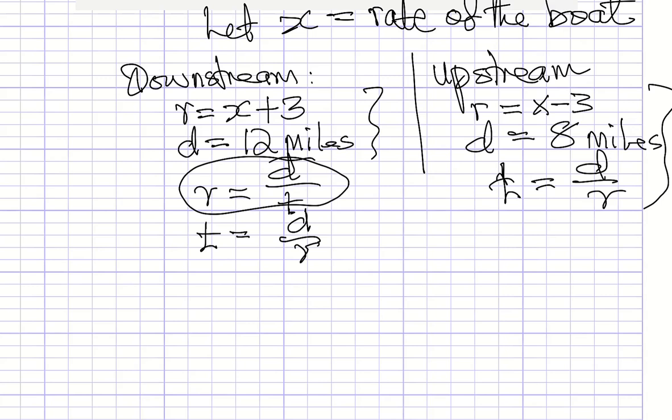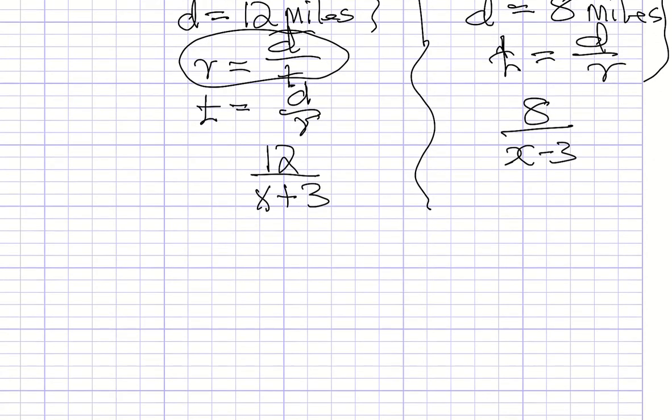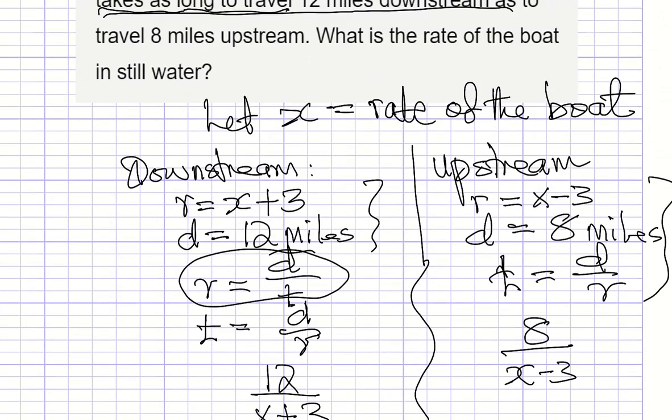Then we'll have 12 over x plus 3 here, and over here we'll have 8 over x minus 3. Basically because they said this is the key there.